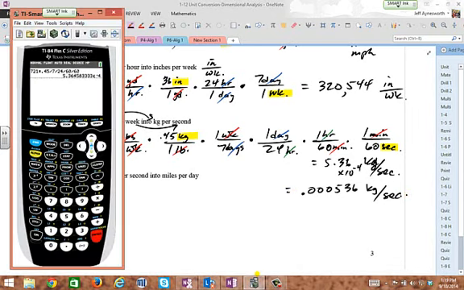Let me bring my calculator back up. And let me see if I can change the mode of this. Mode, float, scientific, classic. Float. That's pretty good. I just want to see if this will change it here.